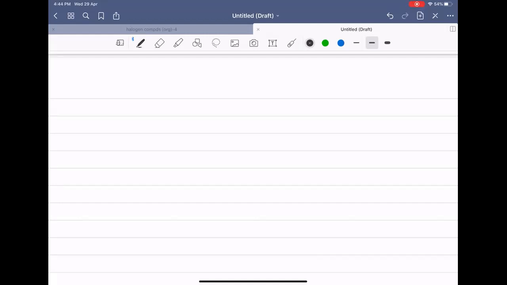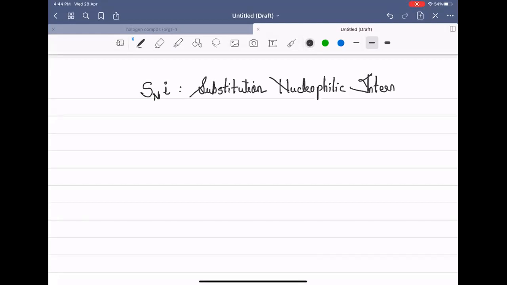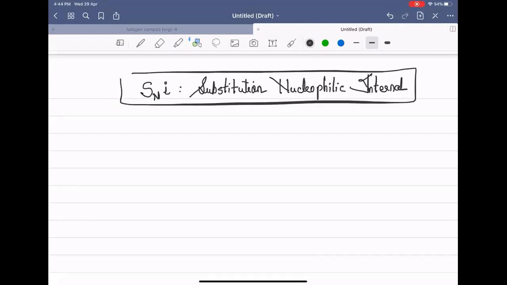Quickly going through SNi, look at this. Substitution nucleophilic internal. So let us find out what this is.